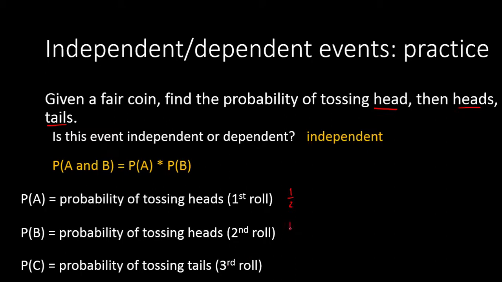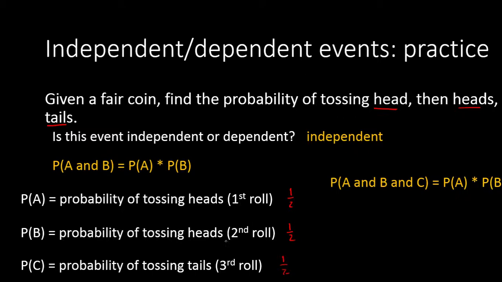It doesn't matter what I got last time. I still have a 1 in 2 chance of getting heads. And tails is a 1 in 2 chance as well, right? Heads or tails both have a 50-50 shot. So probability of A of getting heads is 1/2. Probability B getting heads again, 1/2. Probability C getting tails is still 1/2.